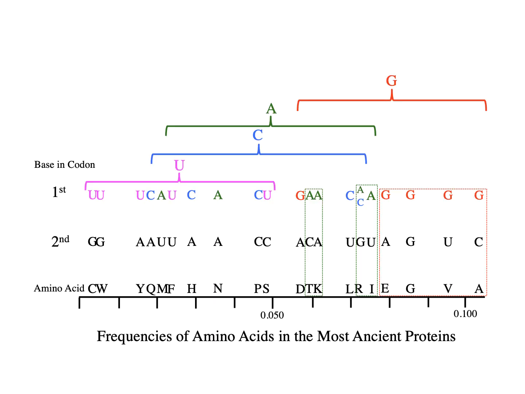So then, building up the story a little further, if you look at the frequencies of amino acids in the most ancient proteins, and the most ancient proteins are those that are in every organism on Earth. That is, if they're in every organism on Earth, they must have existed very early, because in very modern proteins, they're limited to certain types of organisms.